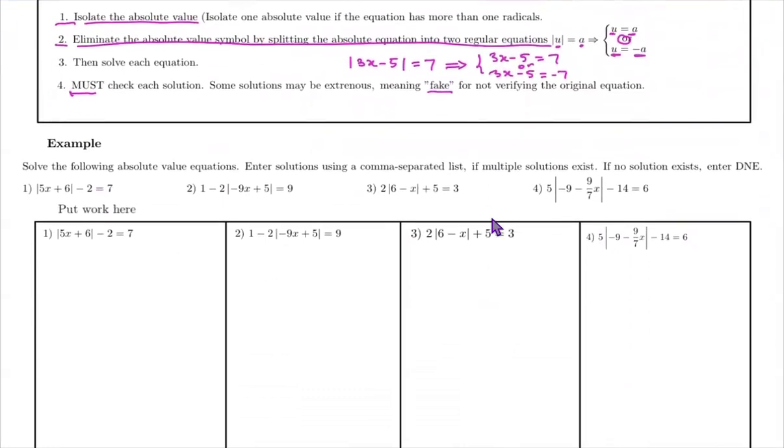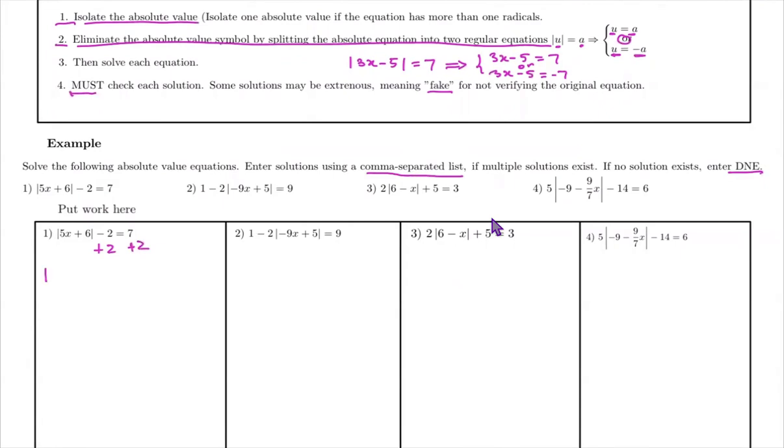Example number 1, we're solving the absolute value equations, and if we have multiple solutions, we would separate them with a comma, and if there's no solution, we'll put DNE. To solve the first example, we can add 2 on both sides to isolate the absolute value.